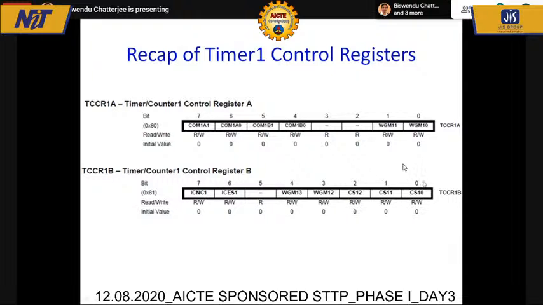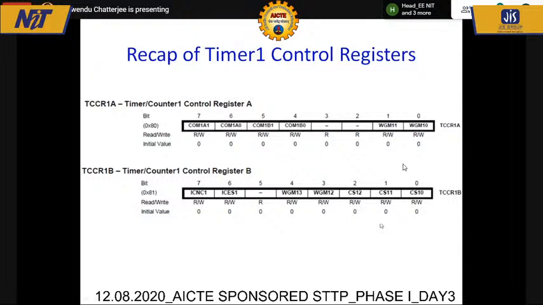This is the timer control register B part. Now what happens here? Only this register won't do. We will have to take the total unit as the register with TCCR1A and TCCR1B.